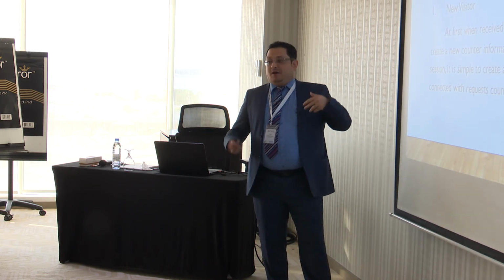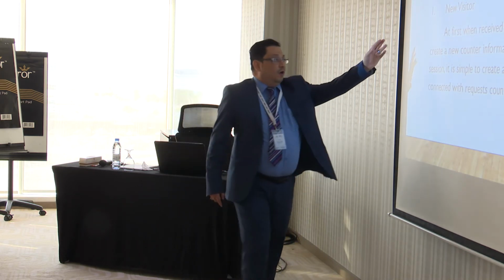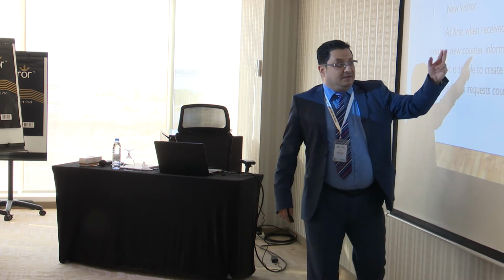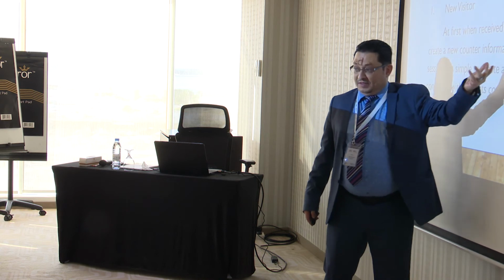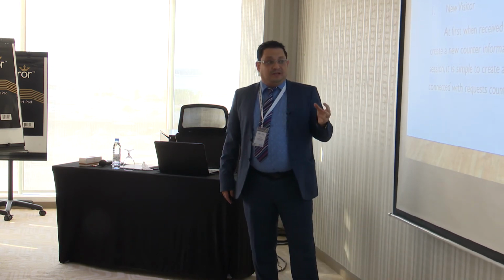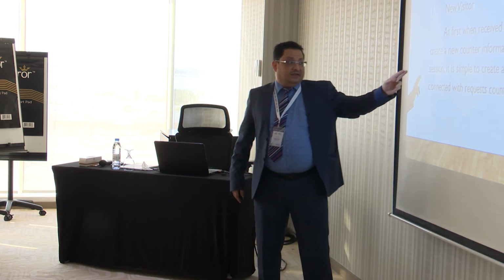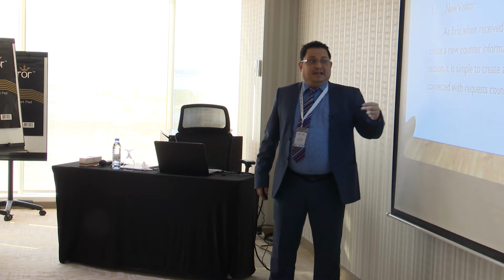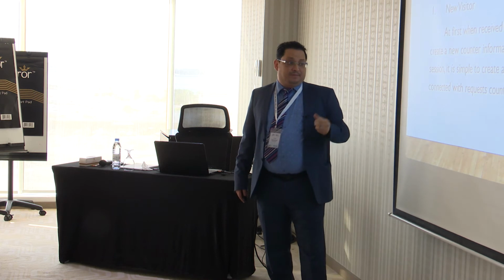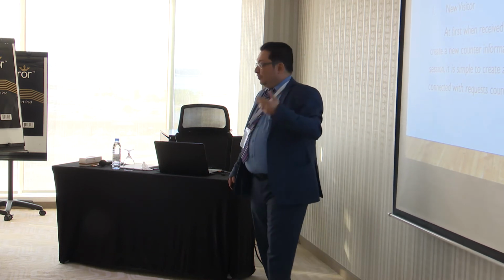So how is the solution implemented? When we have a new visitor, first we will receive the request from the new visitor, and we will create new counter information belonging to him or her in a server session. It is simple for us to create a unique identifier for the visitor and connect it with the request counter and the duration time.